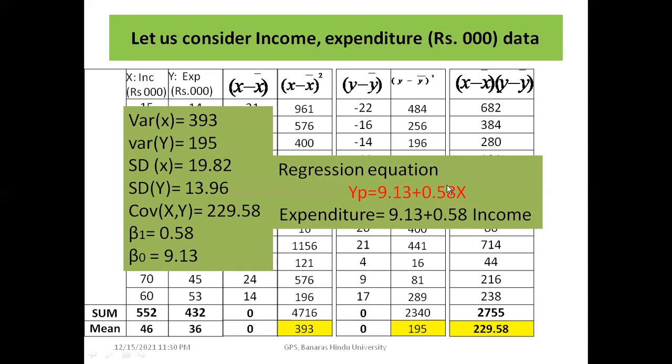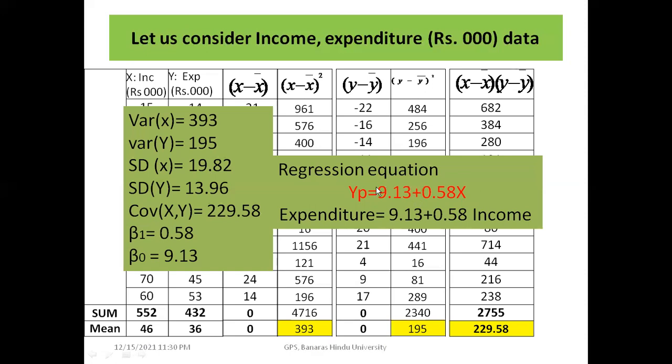Meaning if the income of a person increases by 1000, then the expenditure of that person will increase by 580 rupees. Why does it increase? Because the coefficient has a plus sign.